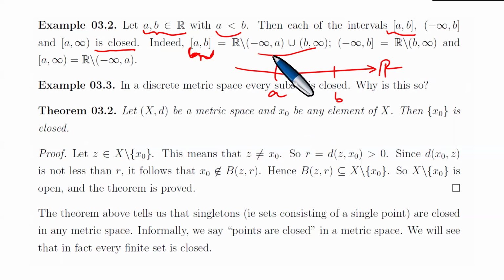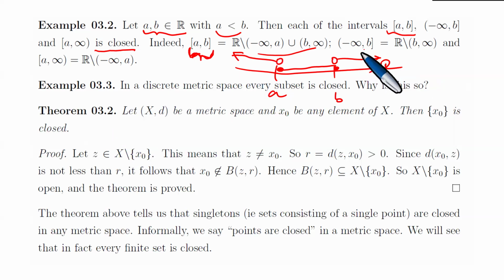For example, if you look at [a, ∞) and (-∞, b], you take the complement of these, and the complement will surely be that.